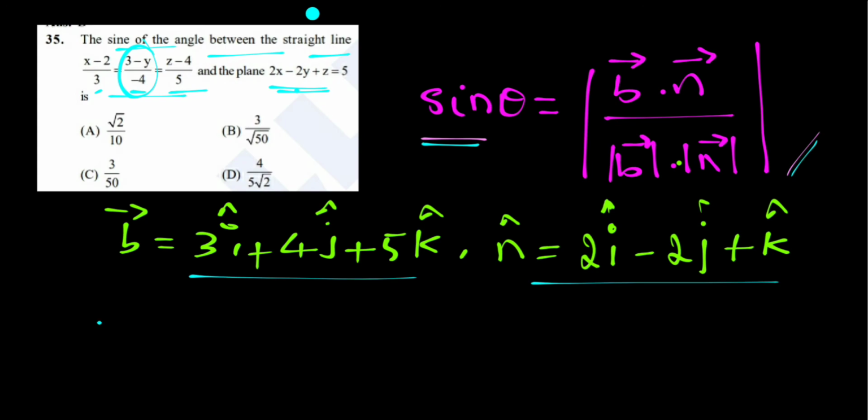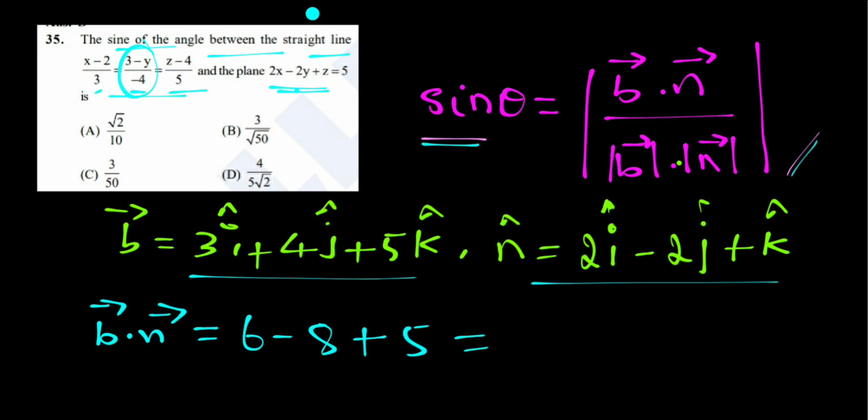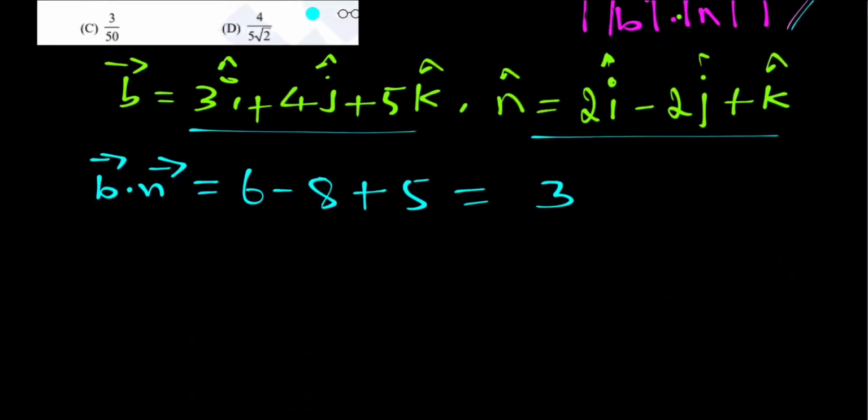So now I'll find the b bar dot n bar, that is 3 into 2, 6, minus 8 plus 5. So b bar dot n bar is equal to how much you'll get? B bar dot n bar is 3. So next we have to find the magnitudes of b bar and n bar.